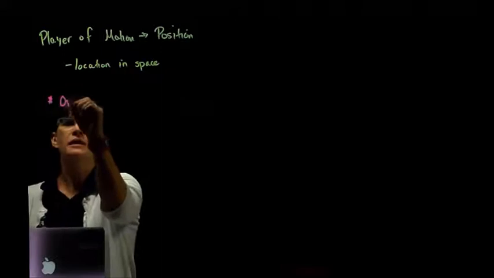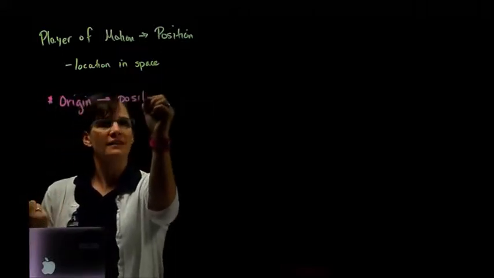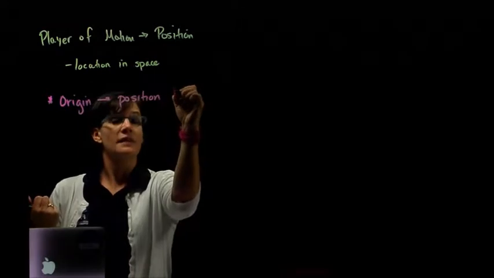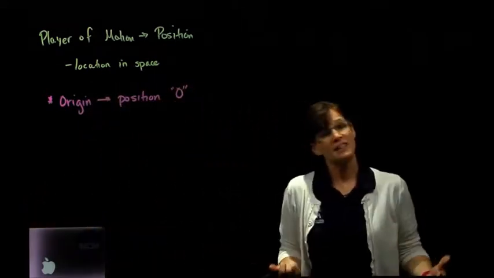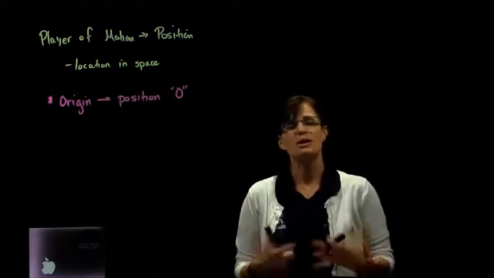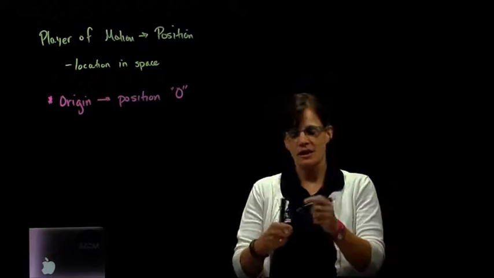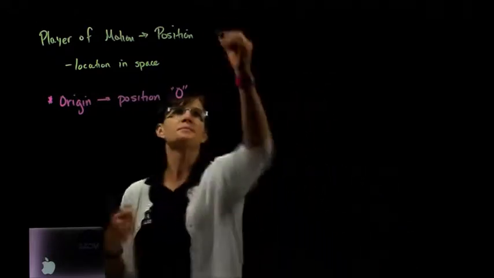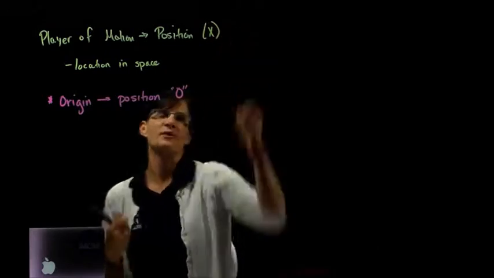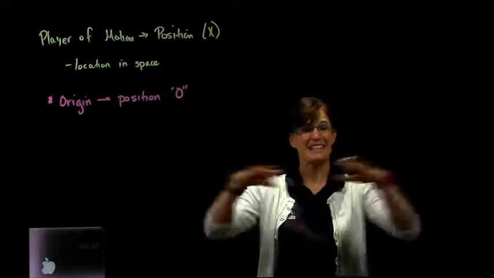So the first thing we need to be thinking about is defining that 0. For position, like with everything in physics, we're going to use a variable to define that value. The variable we use for position is x. That probably sounds familiar to you, like the x-coordinate system, like the x-axis.